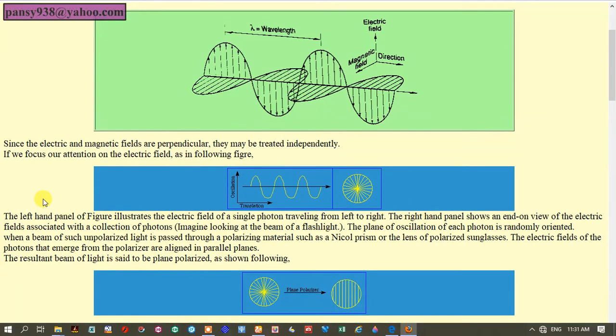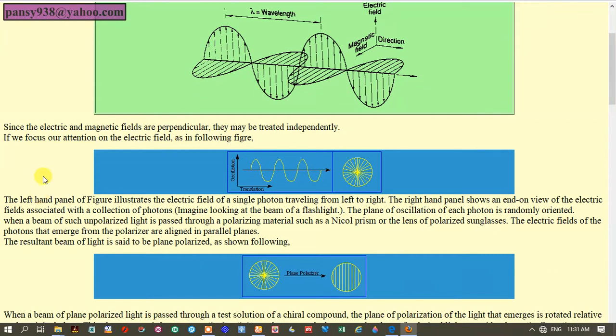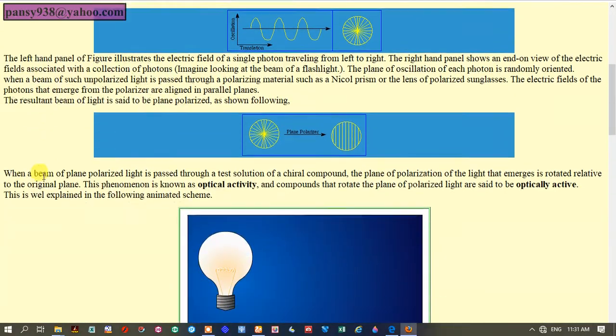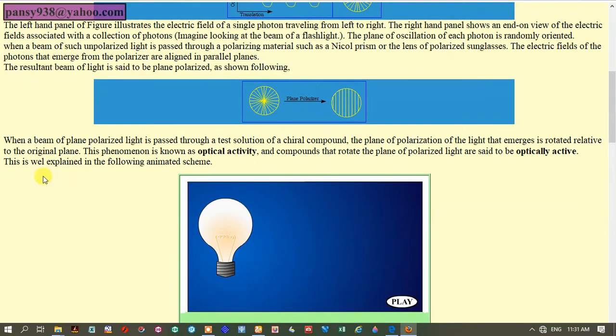But for chemical analysis we use plane polarized light. The plane polarized light is generated by passing this non-directional light through a polarizer, which permits only one direction of waves, and hence polarized light is created.